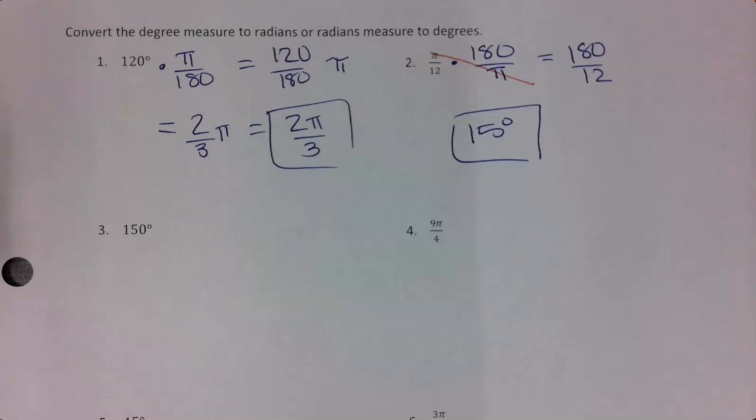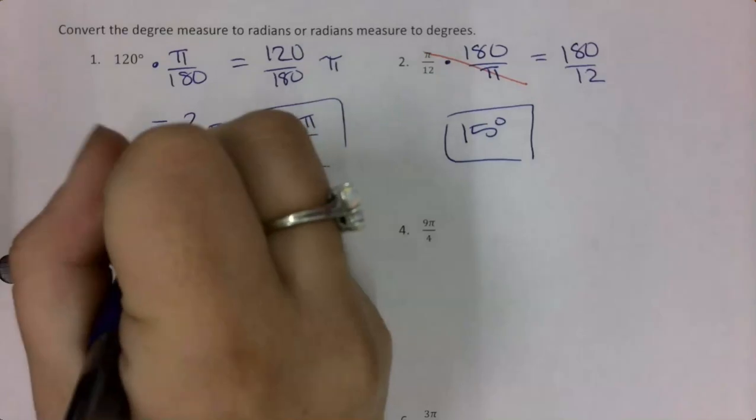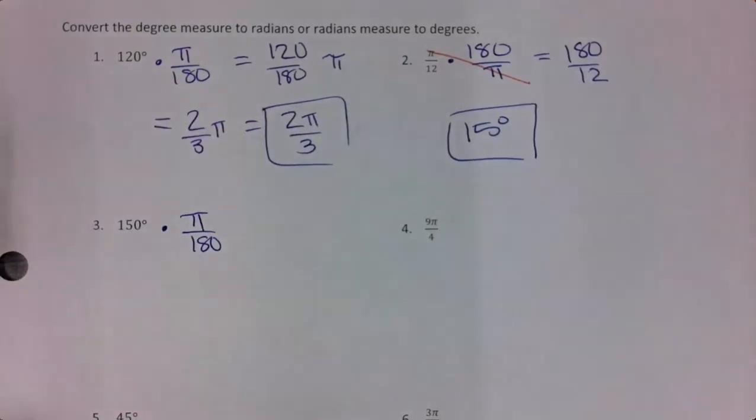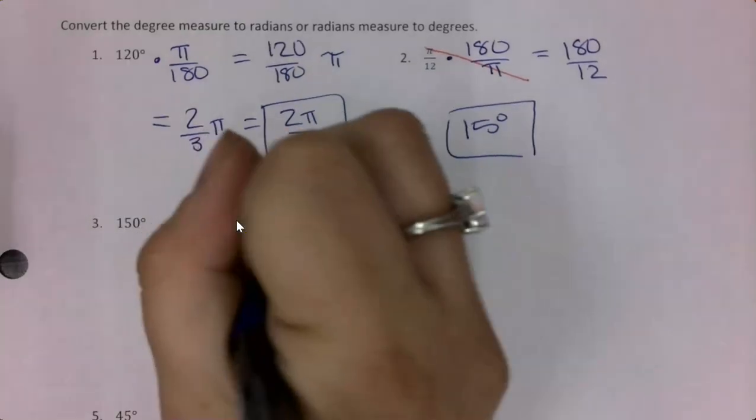So number 3, I'm starting off in degrees. So I'm going to multiply by pi on the top, 180 on the bottom. Then I want to rewrite it so the two numbers are together in a fraction.